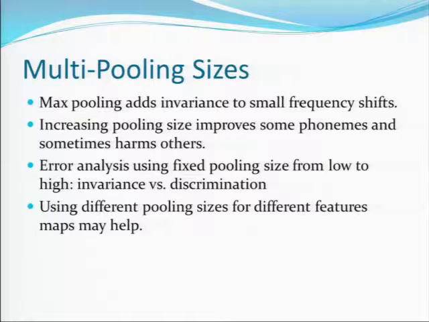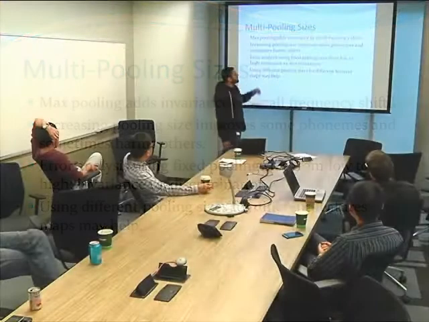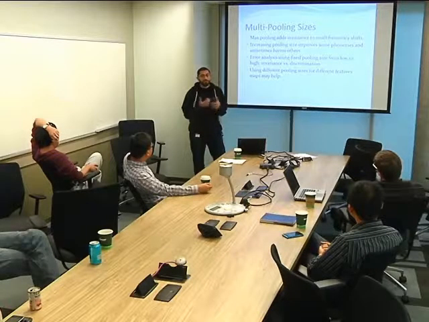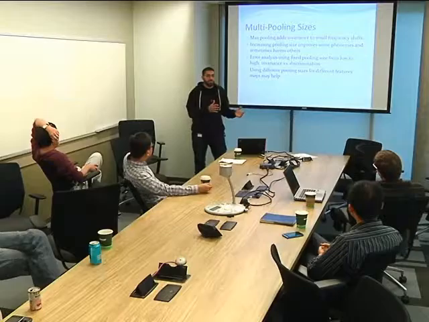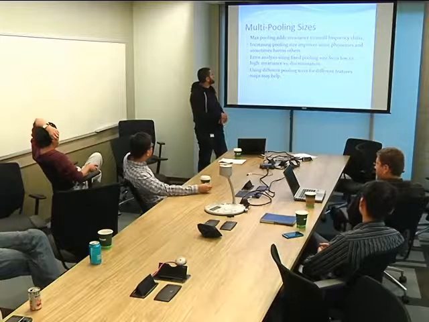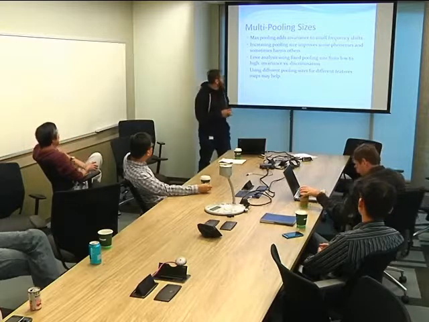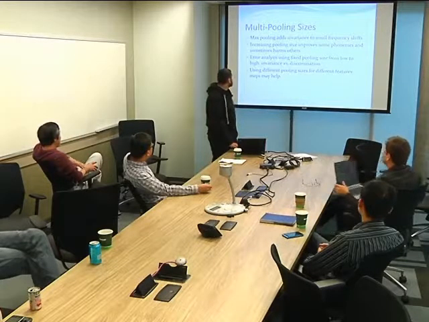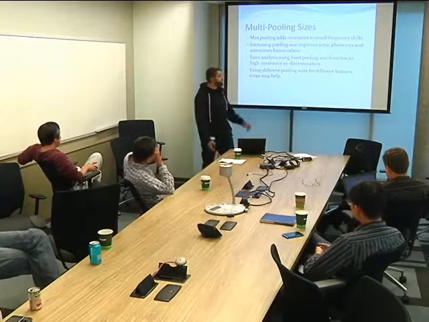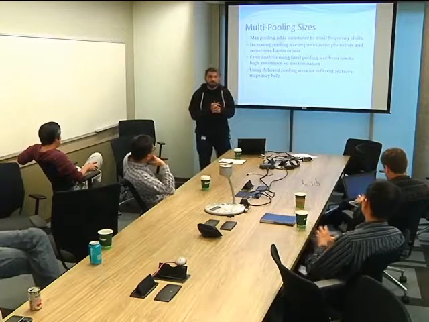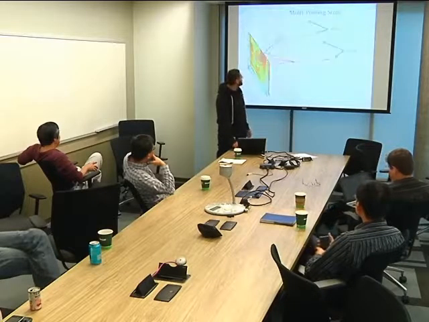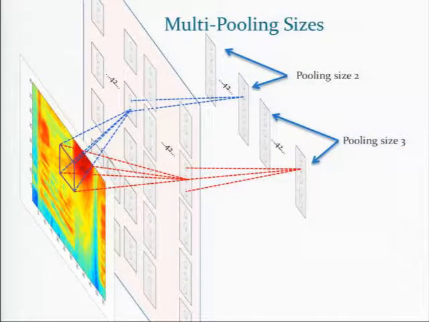Max pooling adds invariance to small frequency shifts. But the problem is that for some phonemes, maybe I lose some discrimination power. So in this experiment, I tried using different pooling sizes for different feature maps, as we see in this figure.